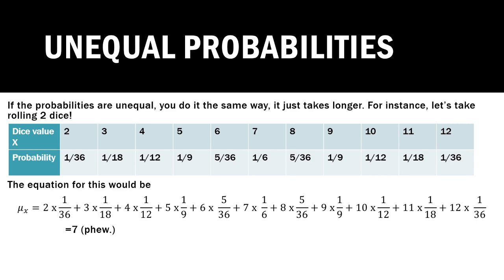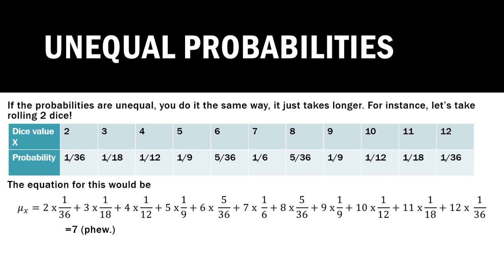Probability of rolling a 4 is 1/12. Probability of rolling a 5 is 1/9. Probability of rolling a 6 is 5/36. Probability of rolling a 7 is 1/6, etc., etc. So you can see underneath that, we're just going to multiply all of those out. And then we see the average value of rolling 2 dice is a 7.